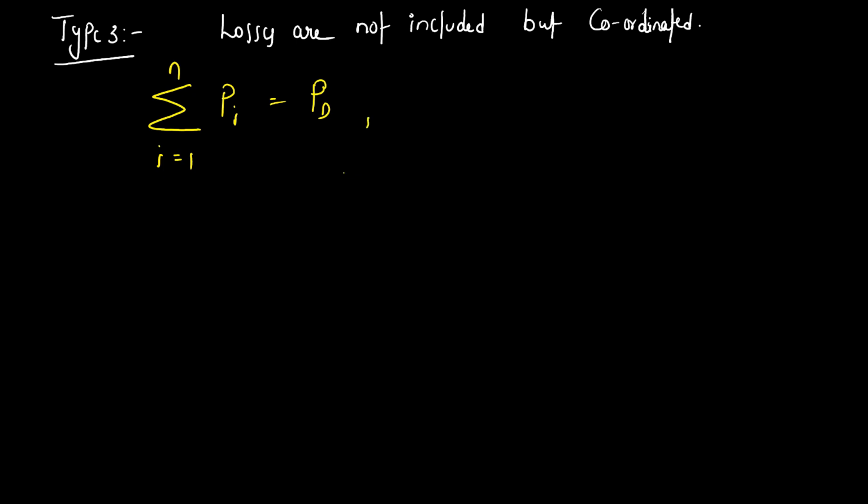However, your condition will become lambda equal to incremental cost times penalty factor. The penalty factor multiplied by the incremental cost should be the same for all the units, where i equals 1, 2, 3, ..., n. Understand?